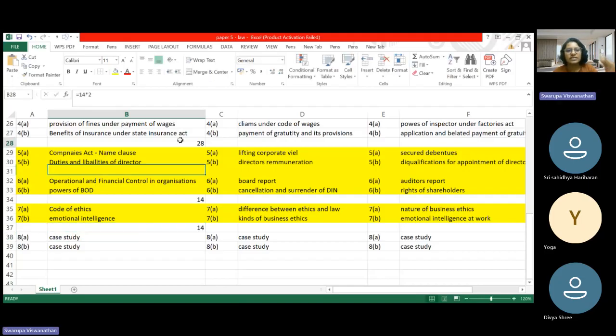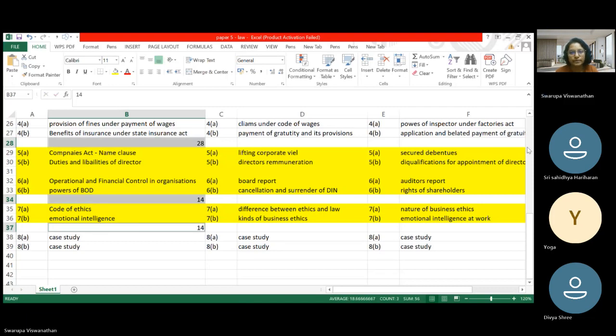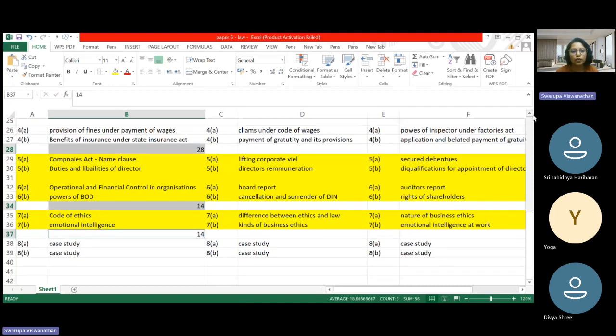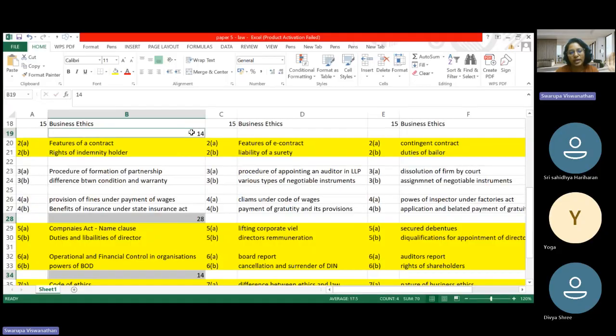By studying Companies Act, Contract Act and Sale of Goods Act, you can score about 56 plus 14 in 2A and 2B, around 70 marks in the main questions, that is the 7-mark questions, and about 20 marks in your MCQs.